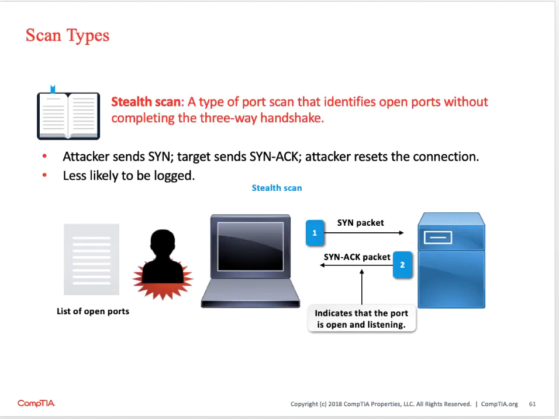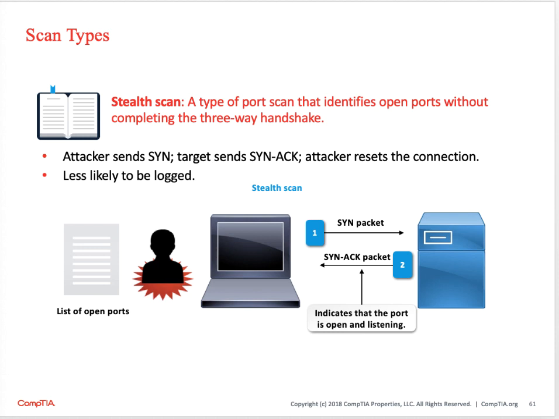So there are several different scan types. The first of these is a stealth scan. This is the type of port scan that identifies ports without completing the three-way handshake. Just remember we had SYN, SYN-ACK, ACK, the three-way handshake. In this case, an attacker sends a SYN packet to the target, and if the target returns a SYN-ACK packet, the attacker then knows that the port is open.